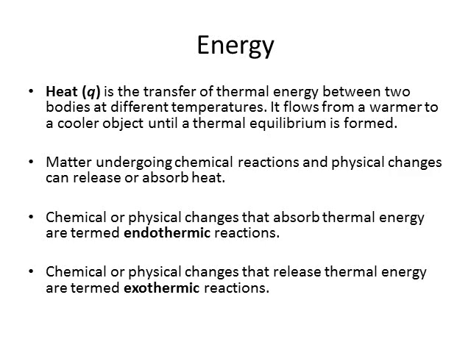So matter undergoing chemical reactions or physical changes can release or absorb heat. If this chemical or physical change absorbs thermal energy, it is termed an endothermic process or reaction. If the chemical or physical change releases thermal energy, then it is termed an exothermic reaction or process.